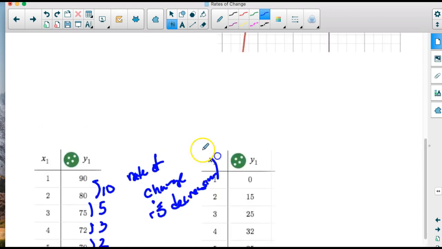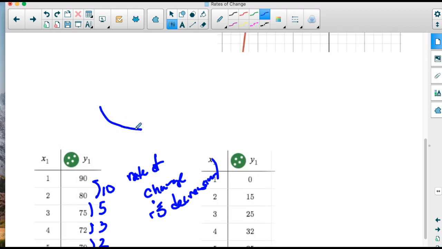So it's going down because it's 90, then 80, then 75. So if we were graphing it, it would look like this. It would be decreasing the rate of change. So it would be flattening out like this on the graph.